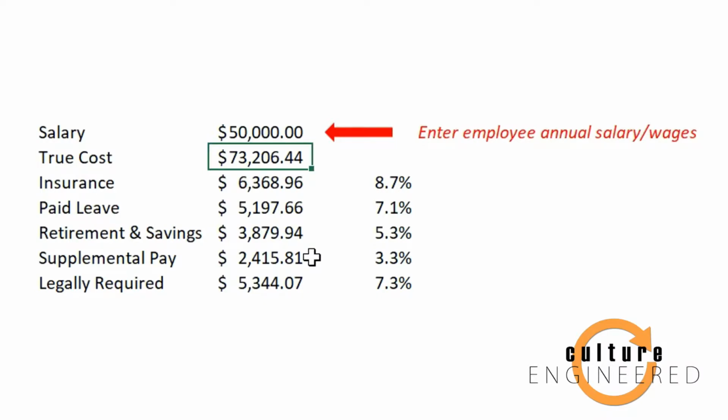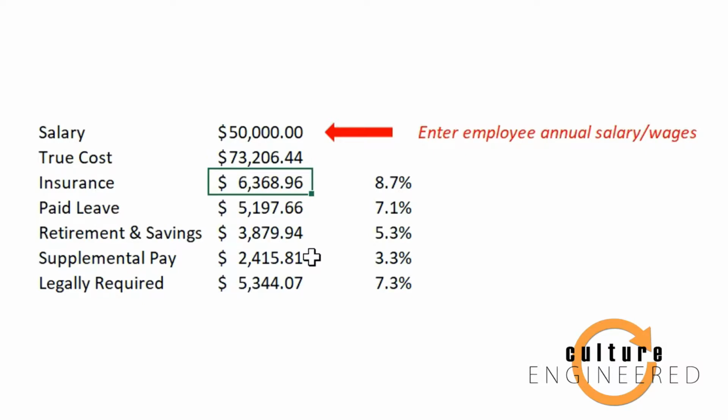So however many employees you have, if your average is a $50,000 salary and you're staying within averages throughout the US, you can figure that you're paying on average $73,000 per employee when you figure in benefits.